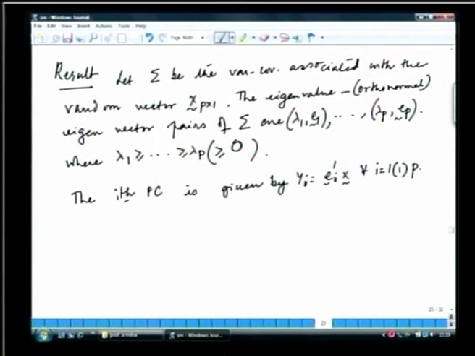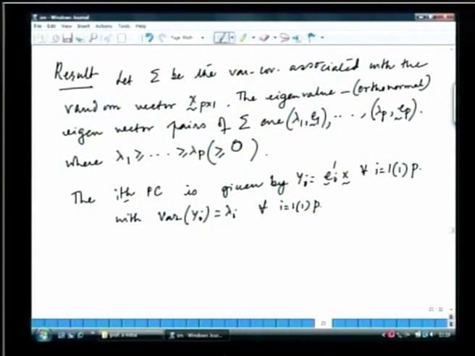Now the other properties of the yi's will also be satisfied. For every i from 1 to p, we will see that the variance of yi is nothing but λi, so another property of the principal component is satisfied: the first principal component satisfies maximum variability.